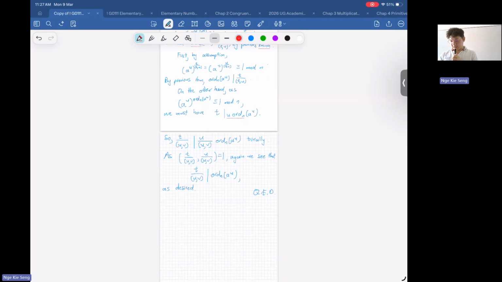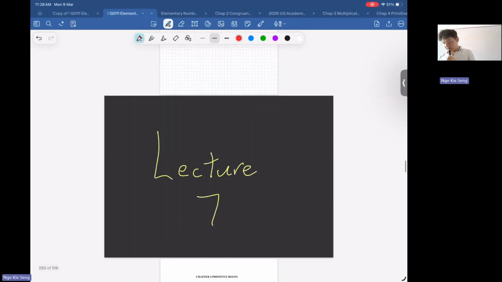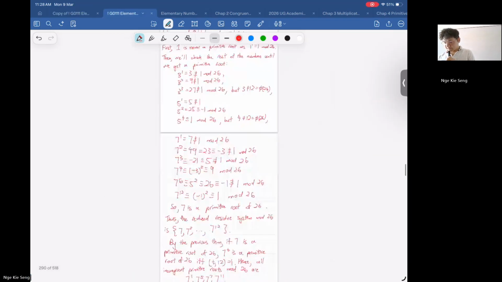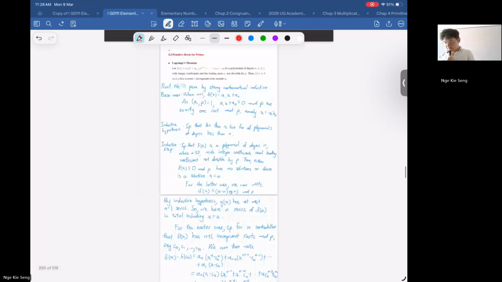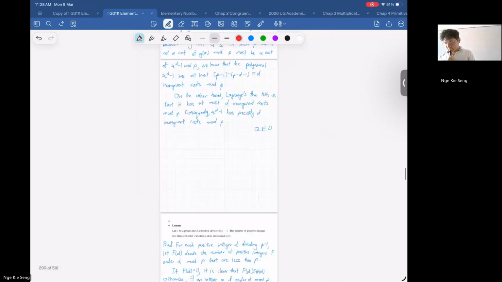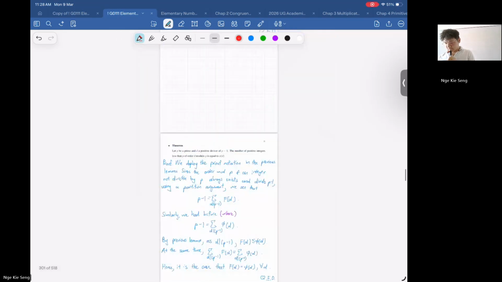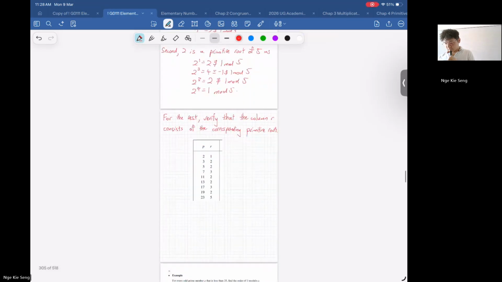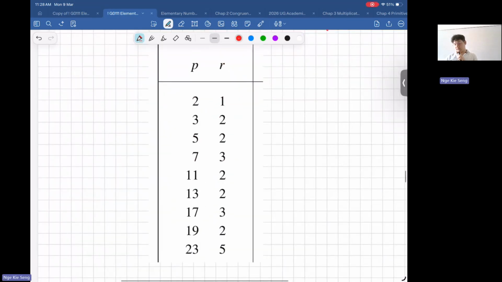For the rest, you can check easily. Here's the table. You can verify that these are the primitive roots mod p, and from here you can get all the other primitive roots.